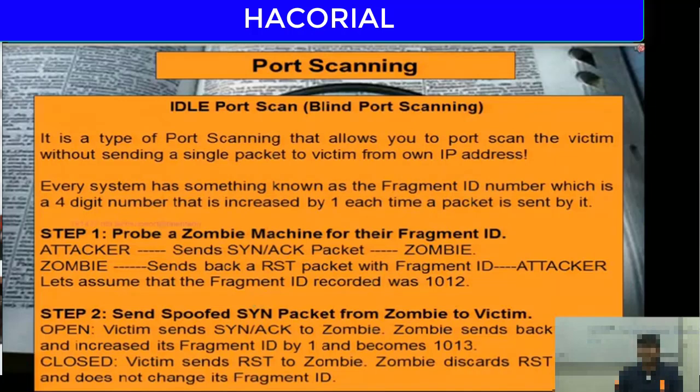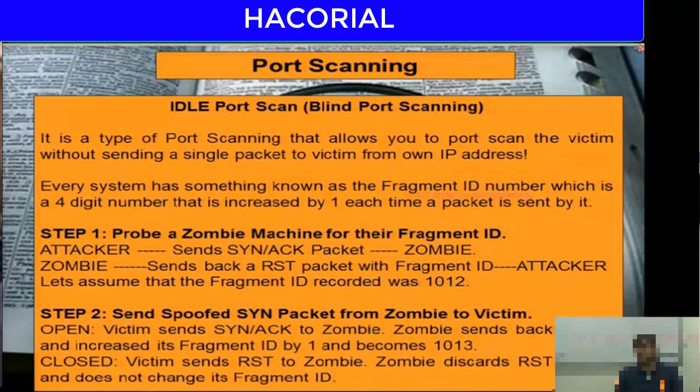Step number 2 is that you send a spoofed SYN packet from the zombie machine to the victim. If the port to which you send that SYN packet is open, the victim will send back a SYN-ACK packet as per the 3-way TCP/IP handshake rules.